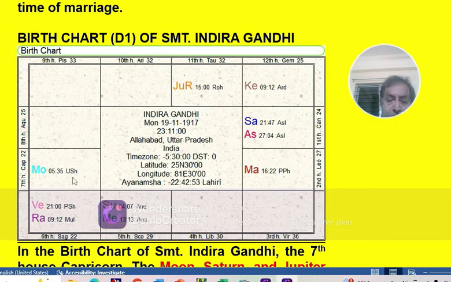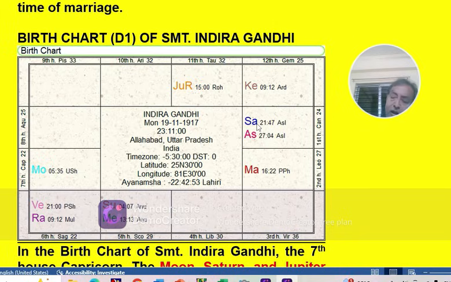We can very well notice in her birth chart that the ascendant is Cancer. When the ascendant is Cancer, the 7th house will automatically be Capricorn. We all know that. Then when the 7th house is Capricorn, who is the Lord?